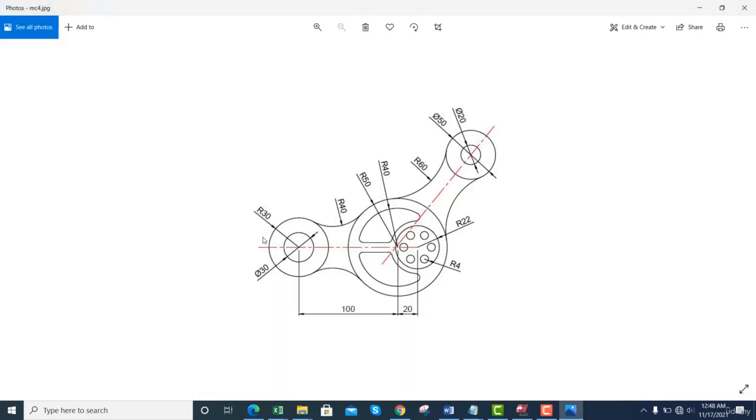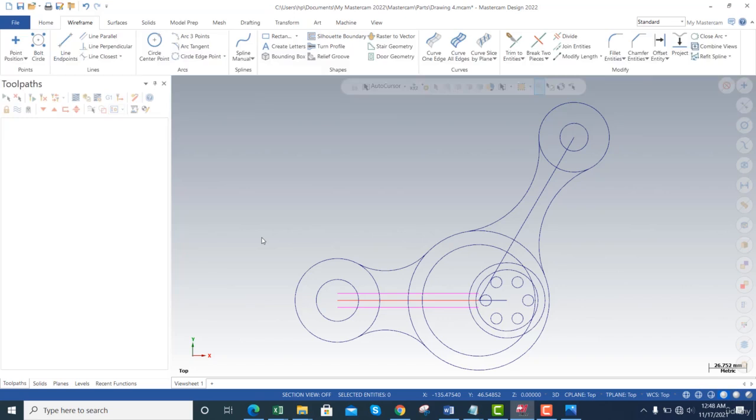Now I just want these lines, so I will break it here and break it here.